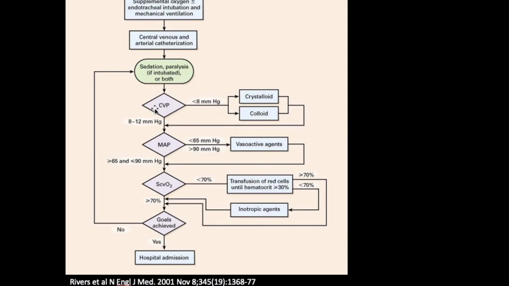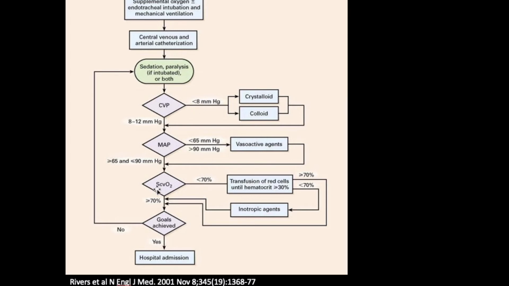They got the CVP up to prove that the patient's fluid replete, then took care of low blood pressures with vasoactive agents, and then considered whether oxygen delivery was adequate or not, and transfused red cells if the crit was less than 30, but used central oxygen saturation as a marker for cardiac output in the setting of somebody whose VO2 is probably similar through all these different measurements, and whose crit has been repleted.